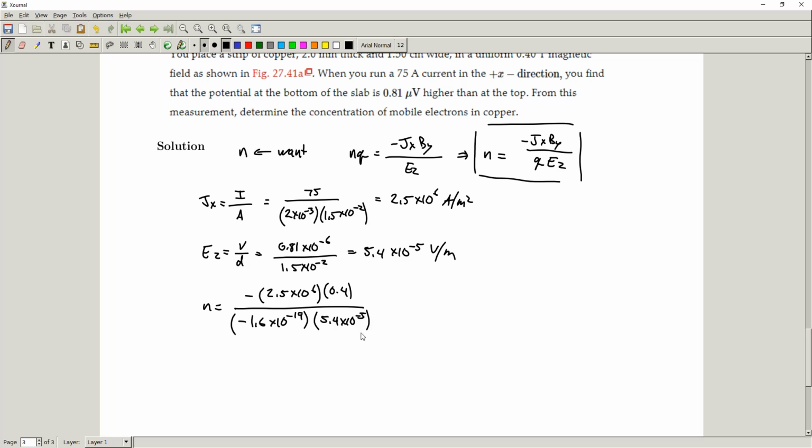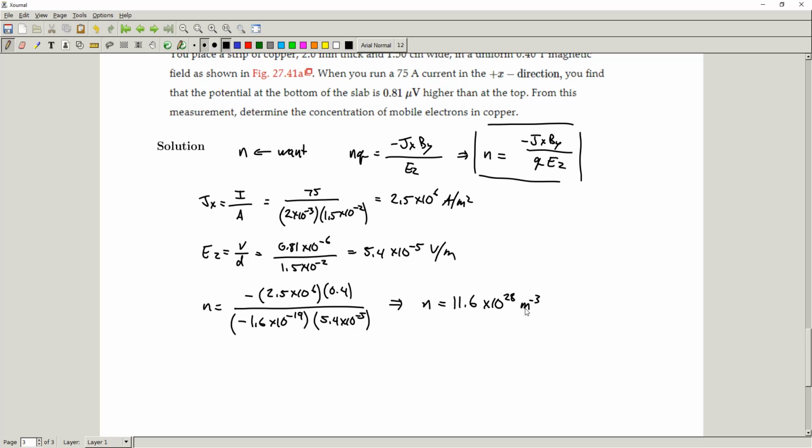If we do this calculation, we find that n is equal to 11.6 times 10 to the 28, and this is going to come in at meters cubed.